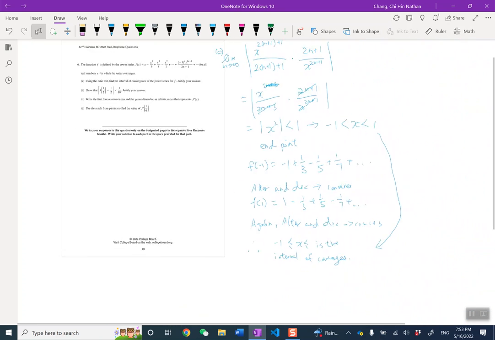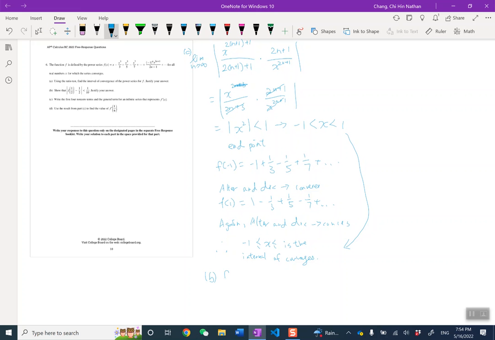So basically what they do here is they plug in f of 1 over 2 and then use the first term to estimate, and the absolute value of f of 1 over 2 minus 1 over 2 equals the error, which equals the next term of the series, which is x cubed over 3.